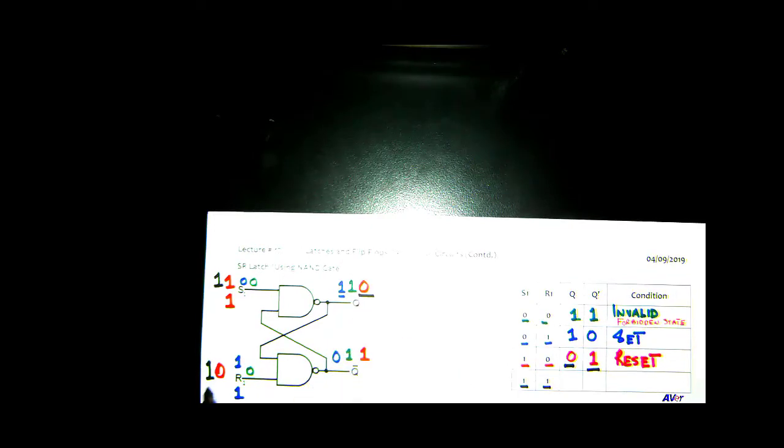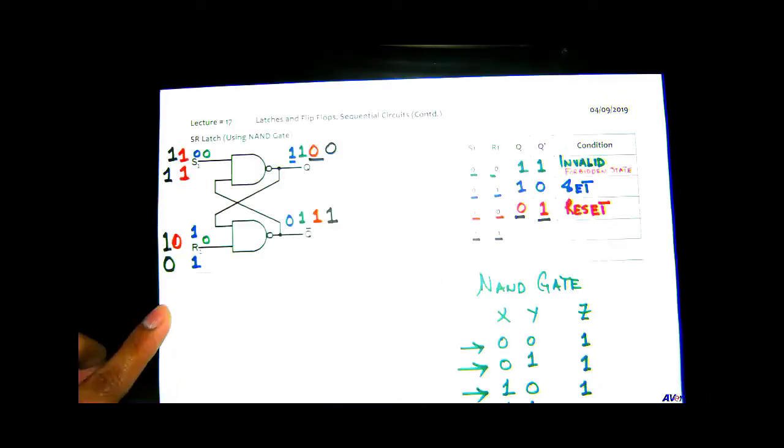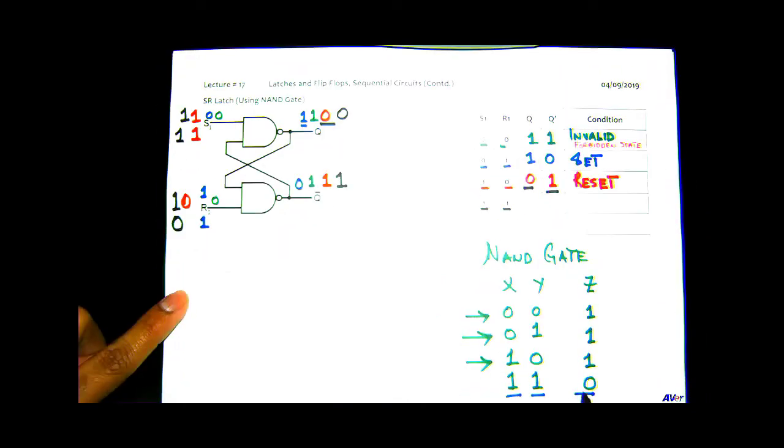So Q, which was 0, is fed into this NAND gate. 1, 0 gets you 1. And this 1 is actually then fed into this NAND gate, and 1 and 1 gets you 0, because when both inputs are high, output is 0.